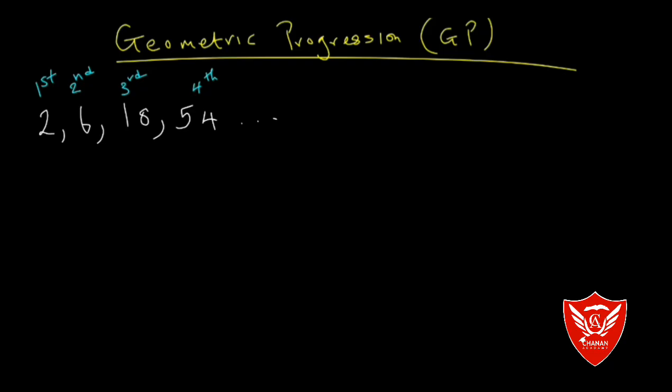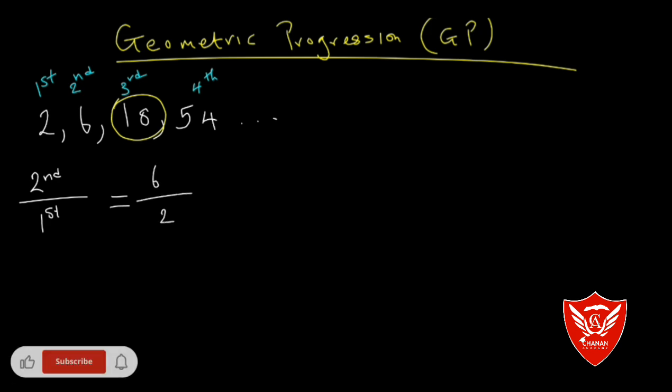So how did we get the third term? What we need to do is to look at the ratio of the second term and the first term. So the ratio of the second and the first term is 6 over 2, which is equal to 3. If you multiply 3 by 6, you're going to get 18.